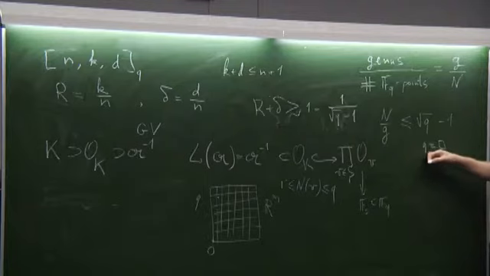Not over the ground field, but over Fq. And there are rather numerous. That's why the modular curve has lots of points over a finite field.